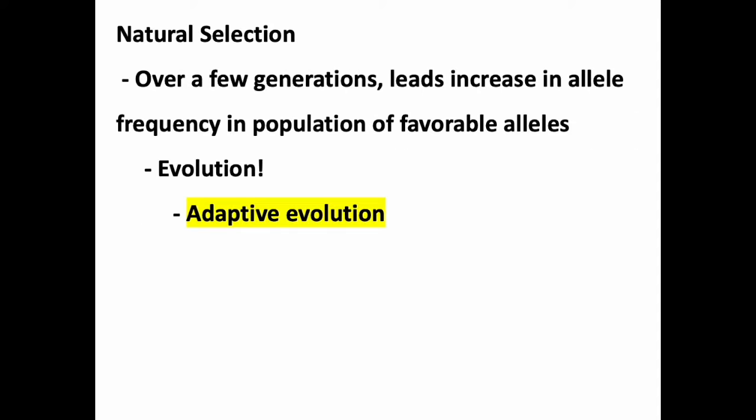So because of natural selection, over a few generations, natural selection is going to lead to an increase in the allele frequency in that population of any favorable alleles. Any good alleles, any adaptations that help with survival and reproduction, are going to become more common in the population over generations.